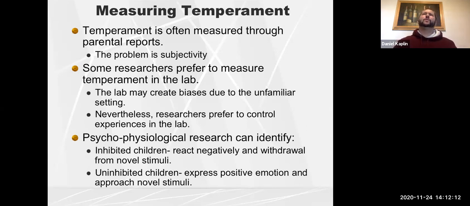Or in a case where the child is defiant, they might exaggerate to the opposite extreme. But parental reports are challenging because parents are not objective. So some researchers prefer to study temperament in a lab where you put a child in an unfamiliar setting and you measure how they deal with that.